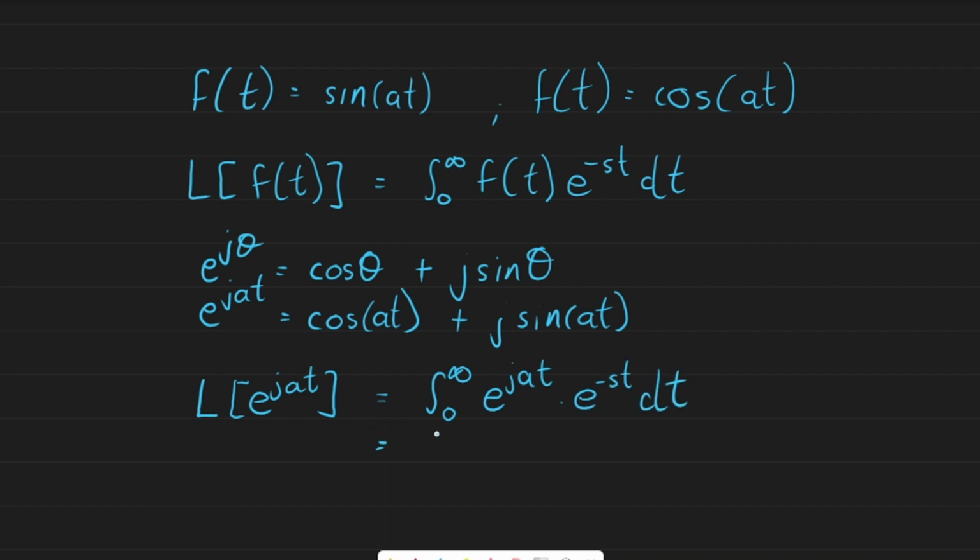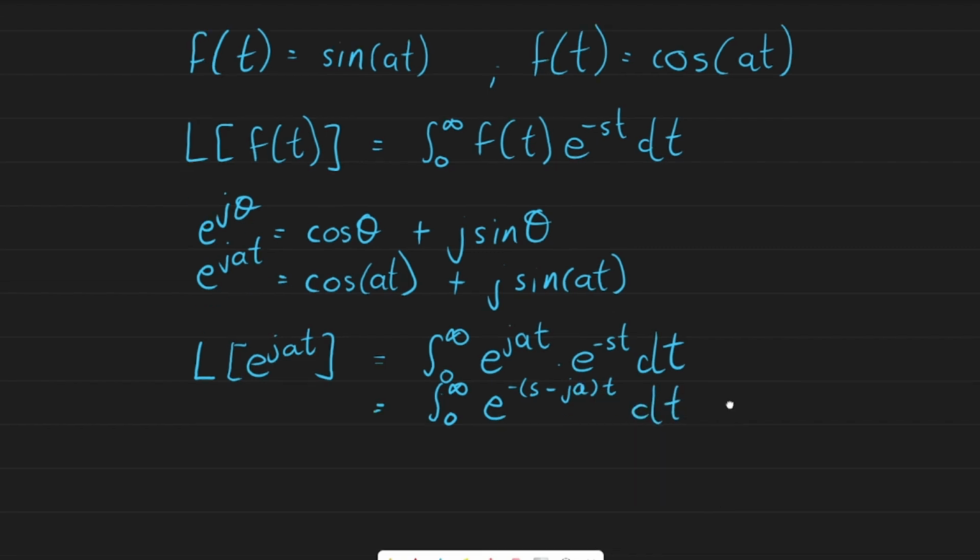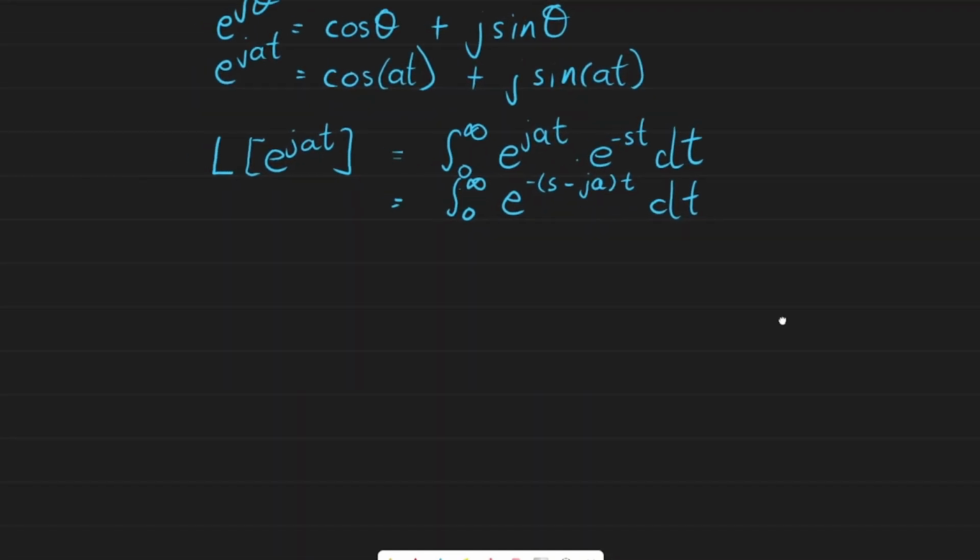And we proceed as we had done in the previous example. We just add the indices. So we have the integral from 0 to infinity of e to the power, and I take out minus t as a common factor, so I have s minus ja, dt. I can quite easily integrate this.